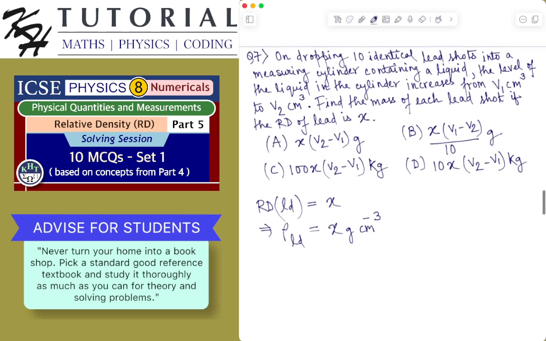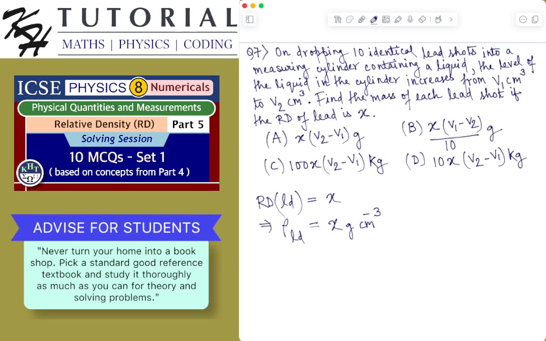Now, as already discussed, definitely the volume of 10 lead shots will be equal to the rise in measurement of volume in the measuring cylinder, which will be equal to V2 minus V1 centimeter cube.